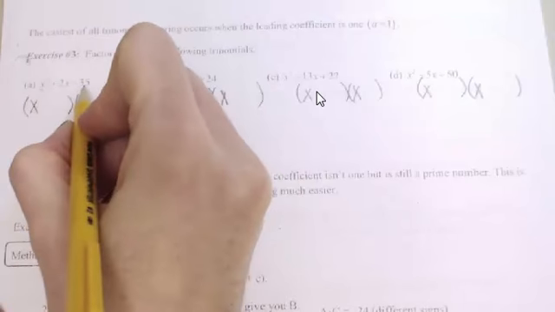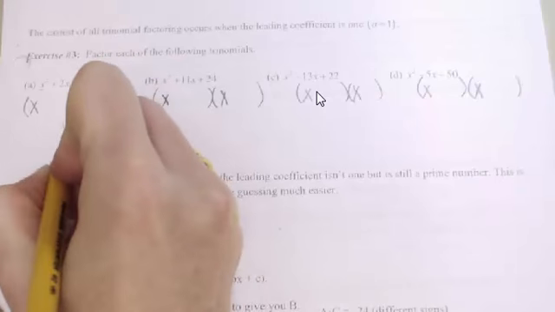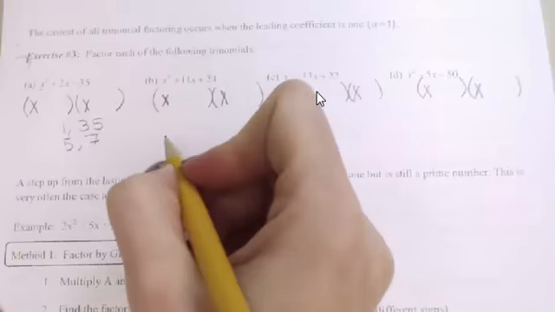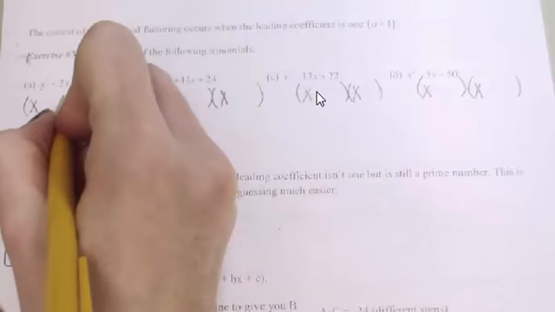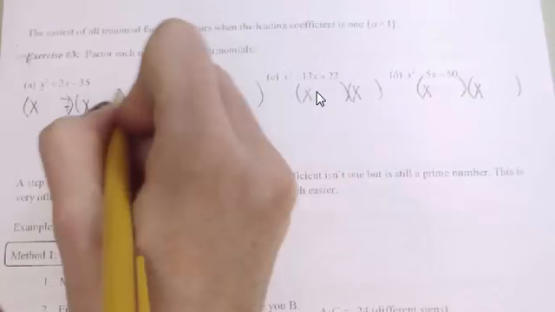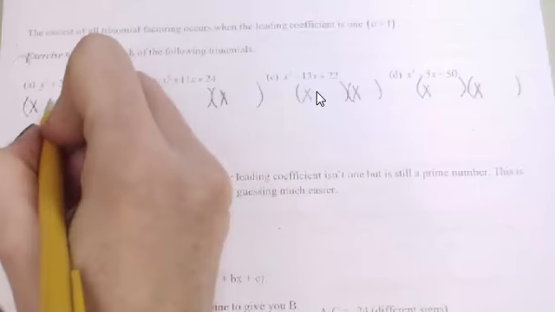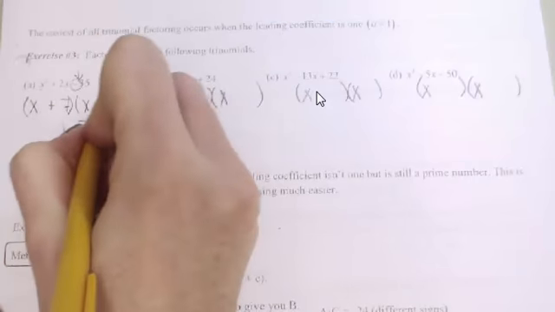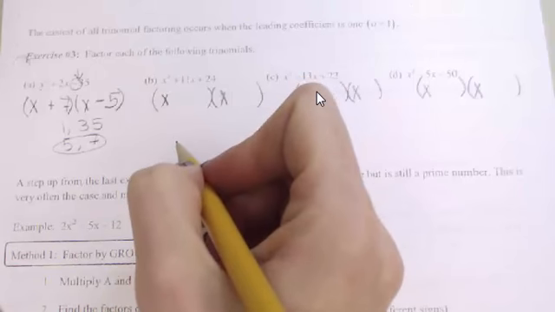Now I'm going to think of factors of 35. So 1 and 35 and 5 and 7. The 5 and 7 help me get to 2. So I'll put 7 here, 5 there. This sign tells me that they have to be different. So I have plus 7 minus 5. That will give me the positive 2.